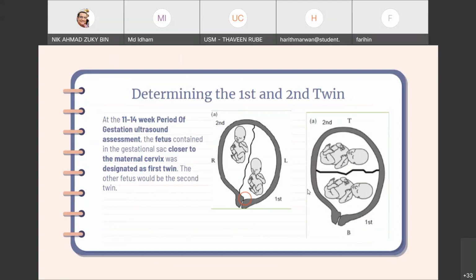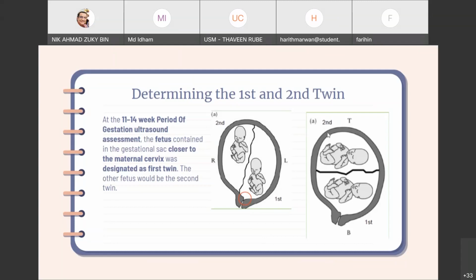We need to know how to determine the first and the second twin. Normally, to determine the first and second twin at the 11 to 14 week period of gestation, the fetus with the gestational sac closer to the maternal cervix is designated as the first twin. As you can see in the example picture, the baby on the left side of the mother is closer to the maternal cervix, so that baby is considered the first twin, and the other twin is vice versa.